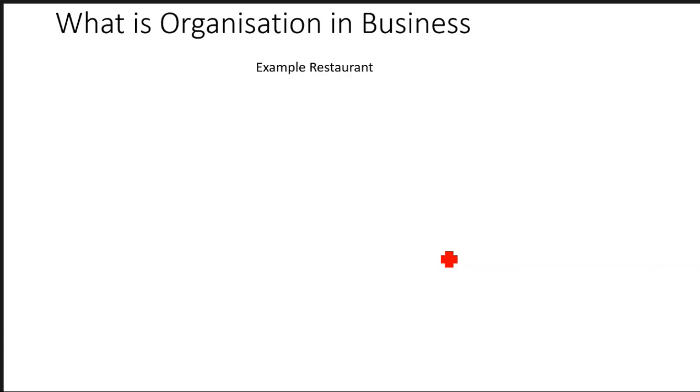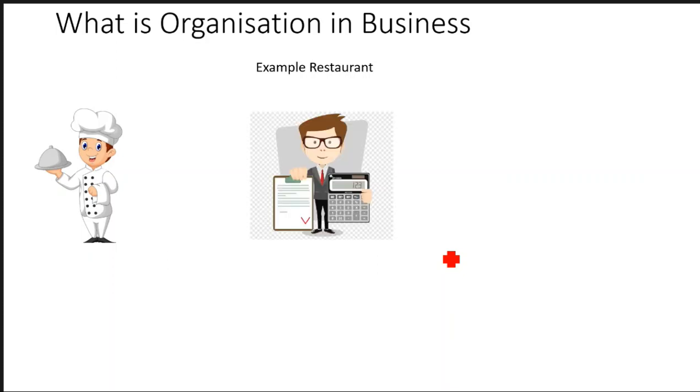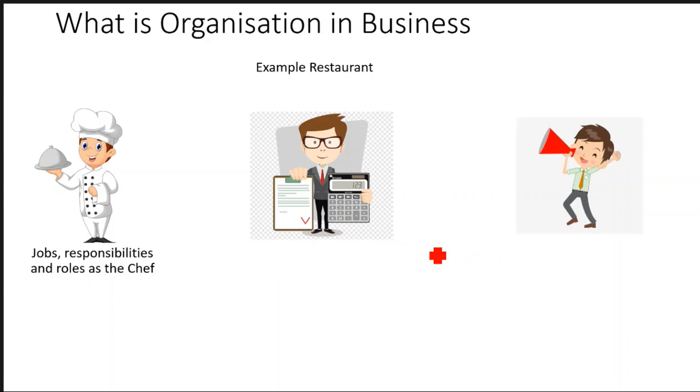Let's take an example of a restaurant. In a restaurant, usually we have someone who is very good at cooking, a chef, right? Then we usually also have someone who is very good at accounting, and someone with a good ability in marketing or advertising. These people have their own jobs, responsibilities, and roles. A chef has the job of cooking and is responsible for the food they make.